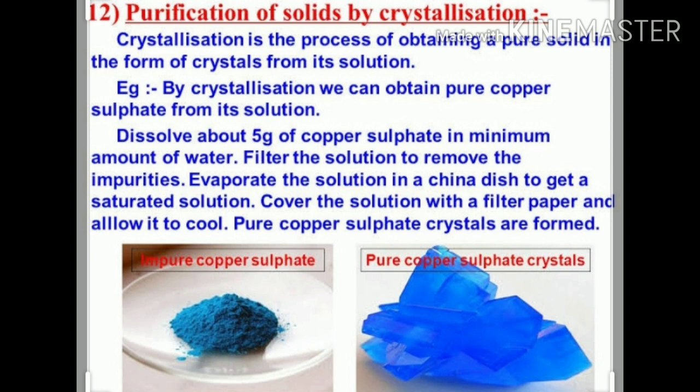A solid can also be separated from a mixture by the process of evaporation, but crystallization is a better technique compared to evaporation, students. Some compounds decompose on heating, so we cannot get the compound because it has decomposed, and some compounds become charred on heating, like sugar, which also becomes black on heating.